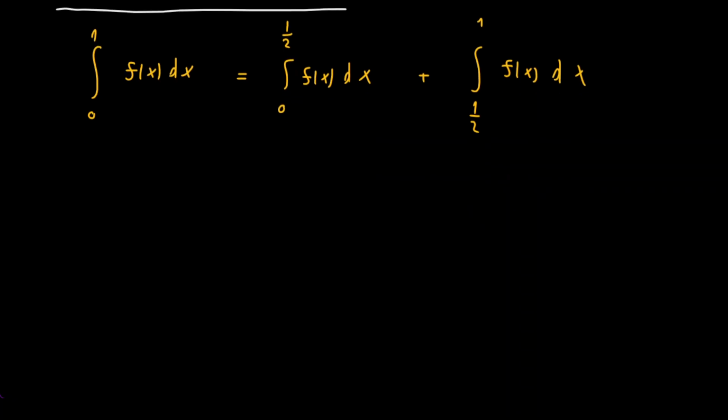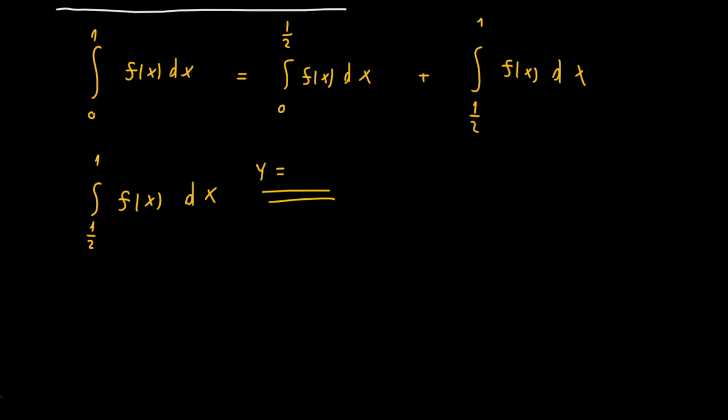And what can we do from this point? So I will consider the integral from 1 over 2 to 1 of f(x), and I change a variable. I'm still thinking about changing a variable, so that's why I put y here. So we can do something like this.